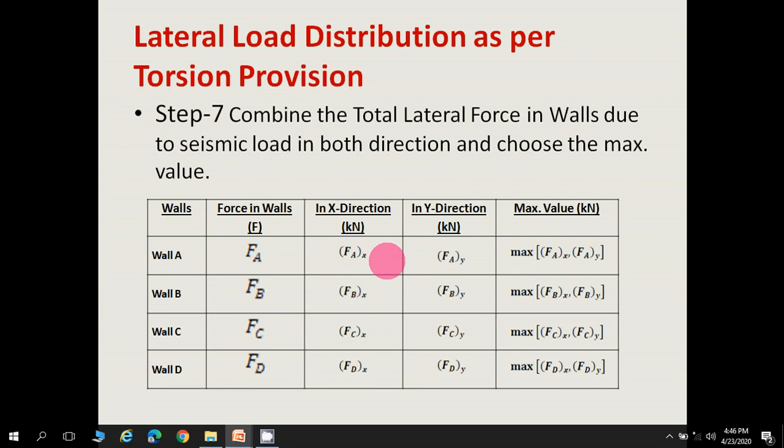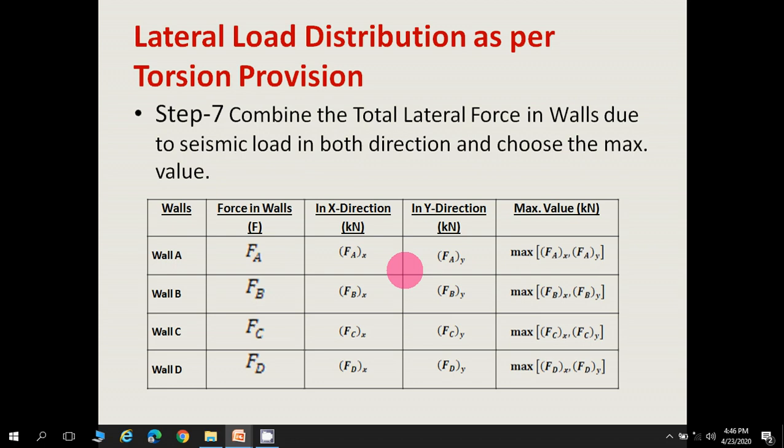In the x direction, FAX is the force due to translation plus force due to torsional movement. In the x direction, it is mentioned in this column completely for wall A, wall B, wall C and wall D. And in the y direction also it is mentioned in this column, FA, FB, FC and FD, and we choose the maximum value, because we have to design the wall for the maximum value.